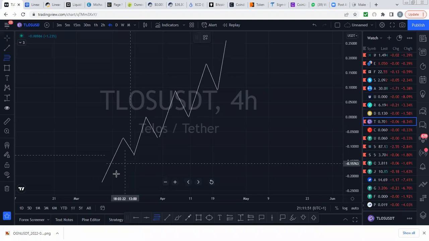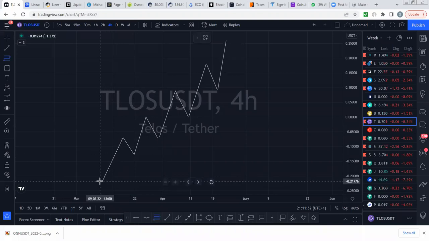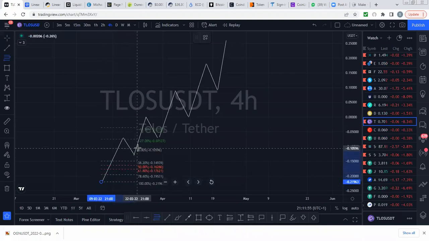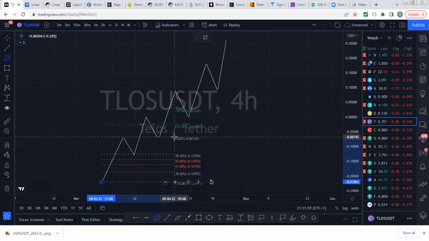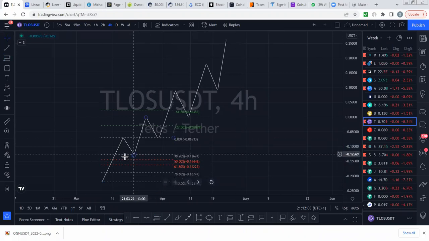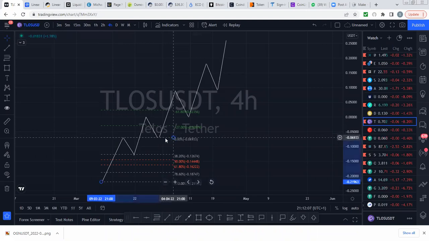Here is the higher low. You measure from here, from the last higher low to the last high.